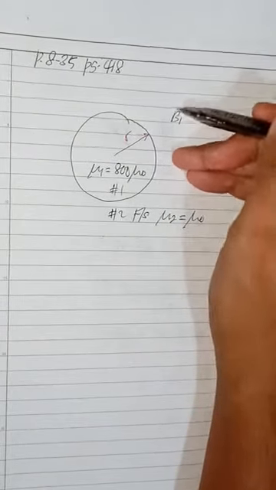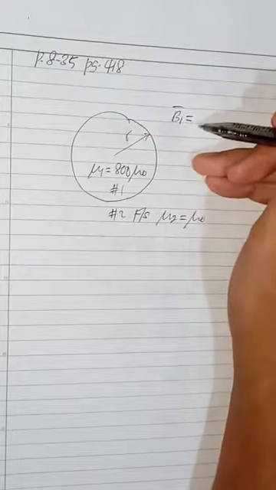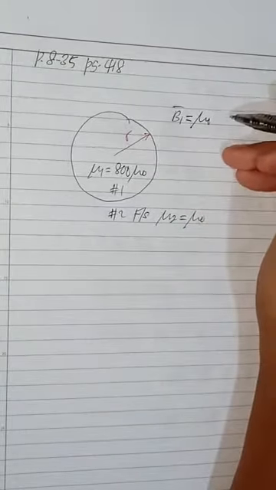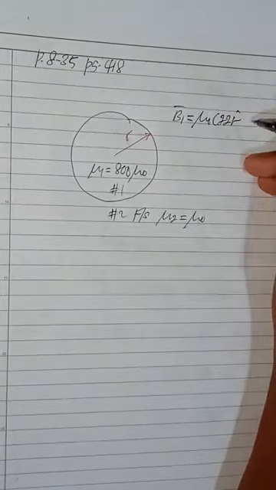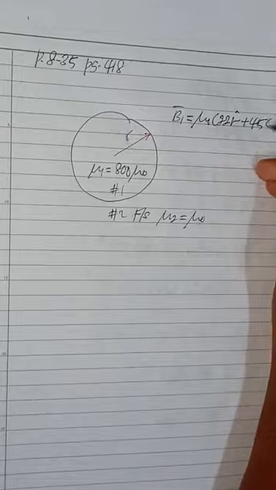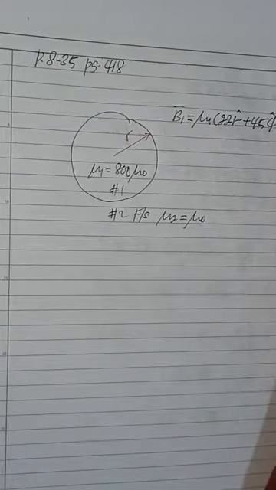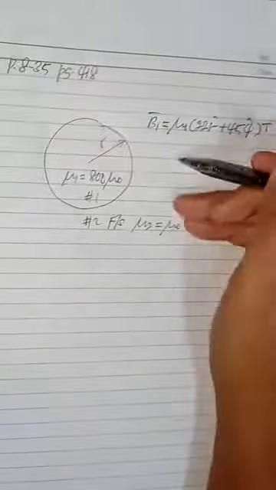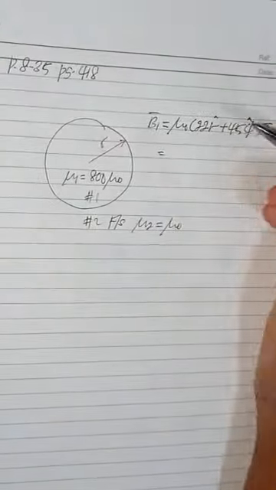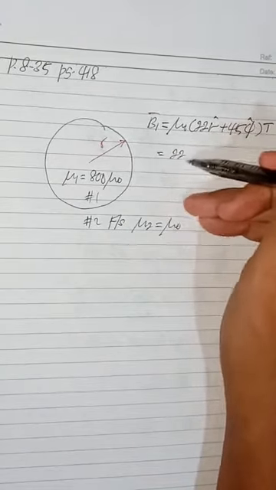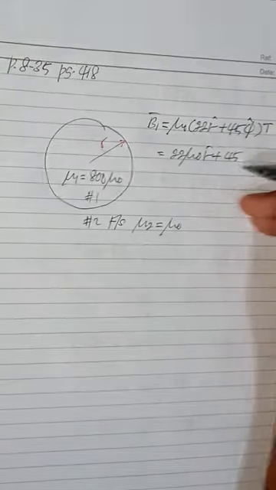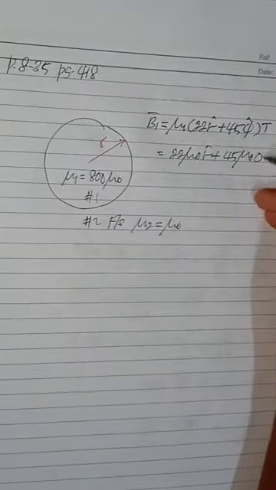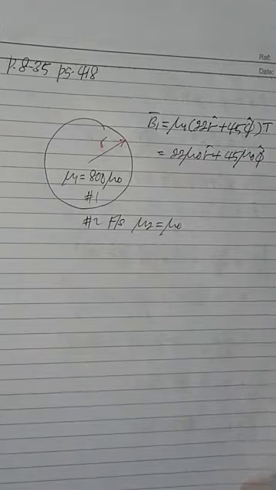B1 is given as mu naught times 22 r component plus 45 phi component, in Tesla. If we expand the equation, we have 22 mu naught r component plus 45 mu naught phi component.